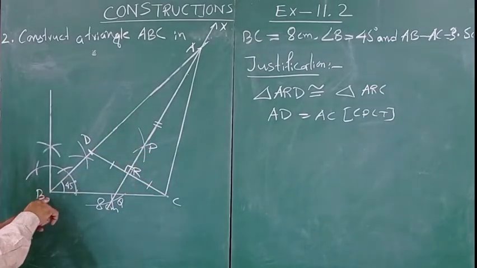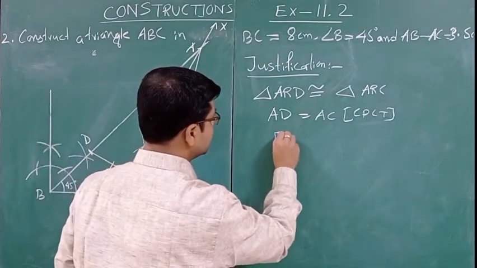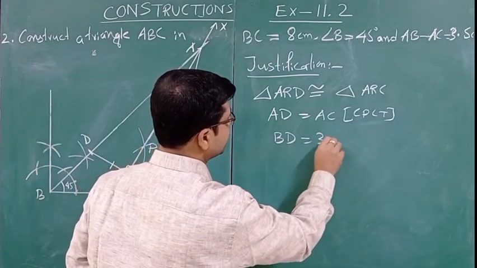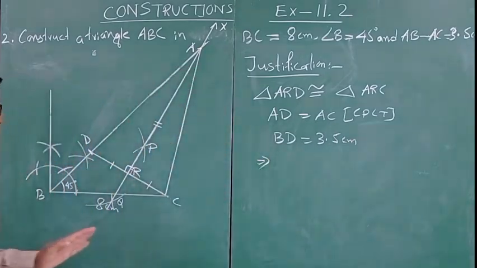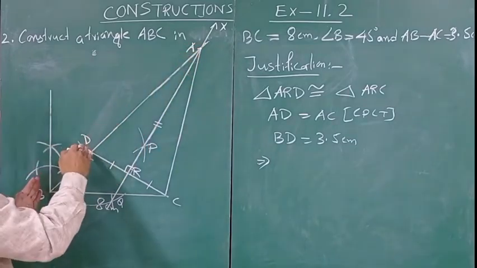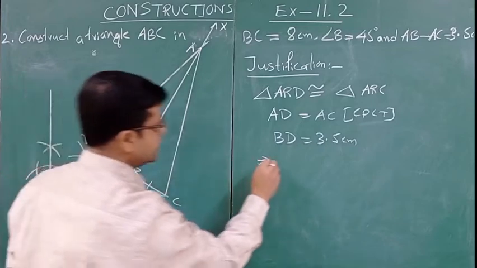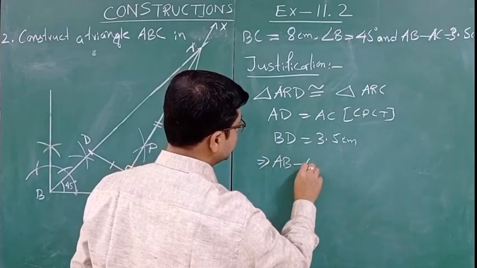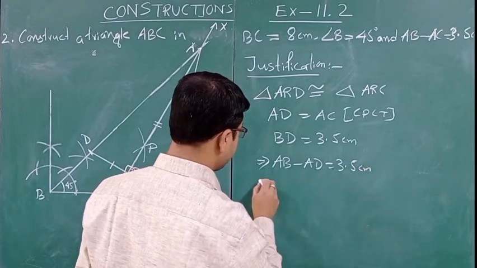Now actually at first we have taken BD equal to 3.5 cm. BD is 3.5 cm in the construction we took. Then what is BD? This BD equals AB minus AD. I repeat, this BD equals the bigger one, AB, minus AD. AB minus AD is 3.5 centimeter.